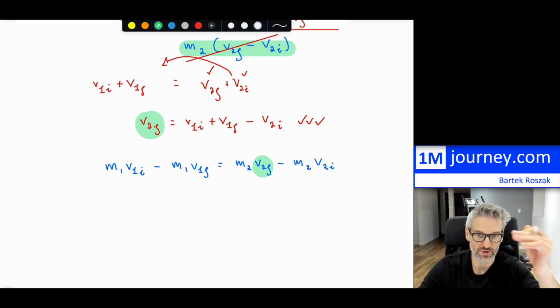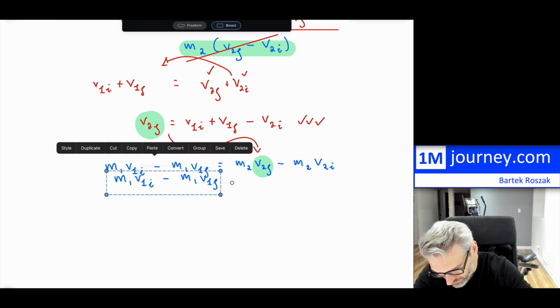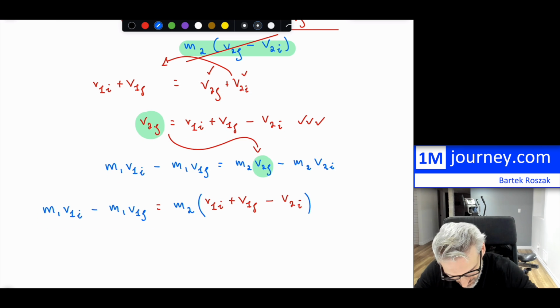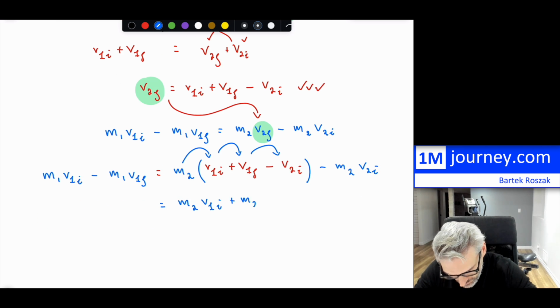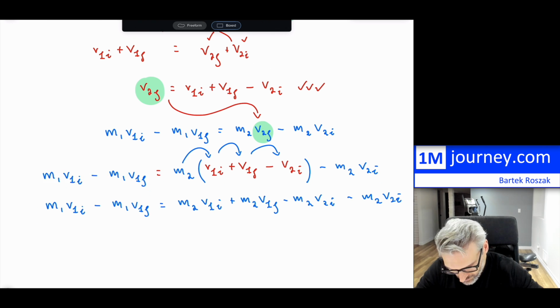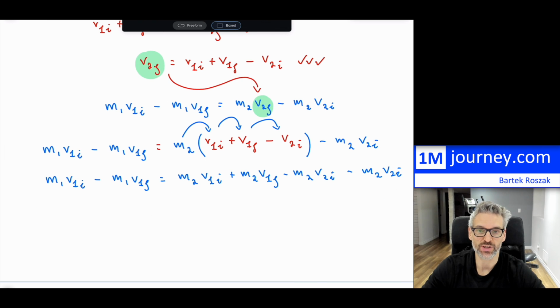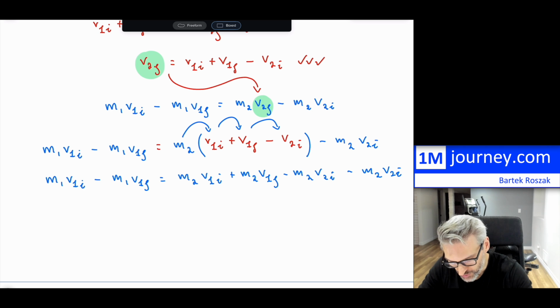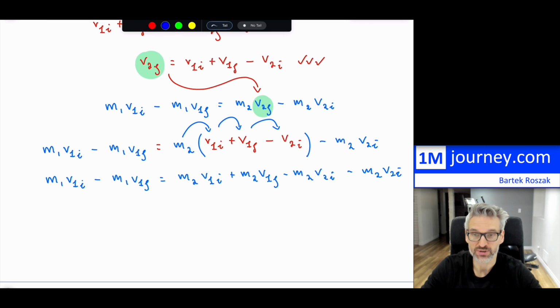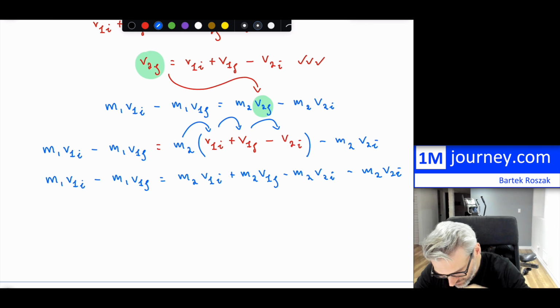I'll do that in fast forward fashion. So now once the substitution and the distribution of the M2 is done, I'm going to collect everything that I need. Let me collect all the different like terms and then factor things out as necessary. So let's take a look and see what happens.